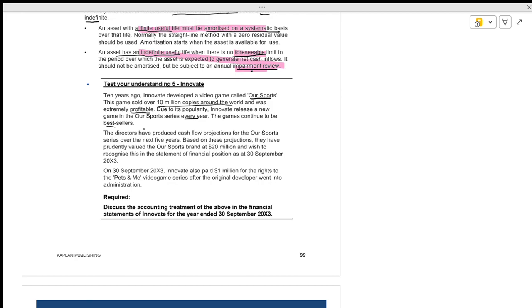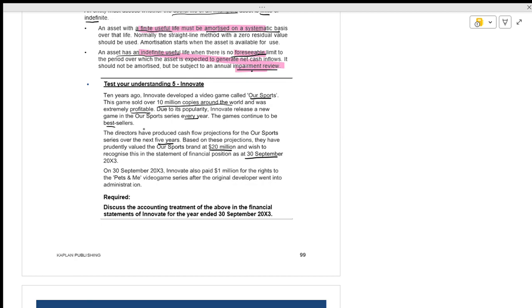When is it going to be recognized? The directors have produced cash flow projections for the next 5 years. Based on this projection, they valued the brand at 20 million, and wish to recognize this on 30th September.